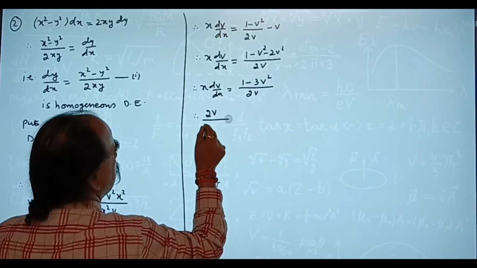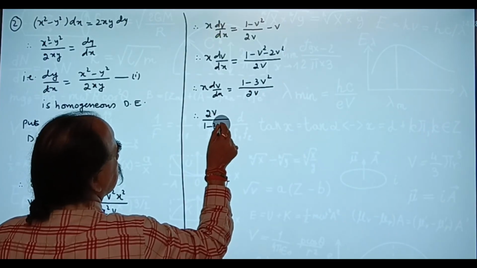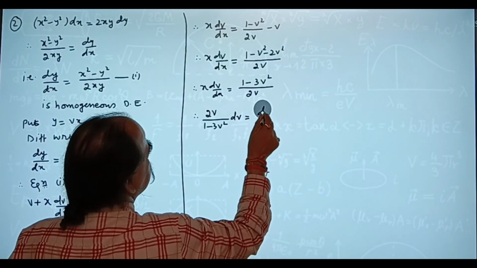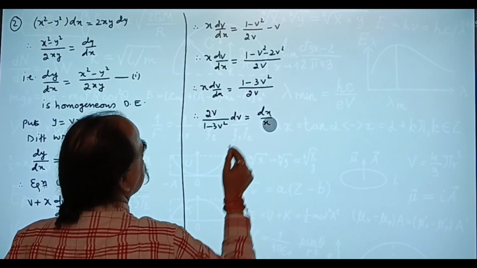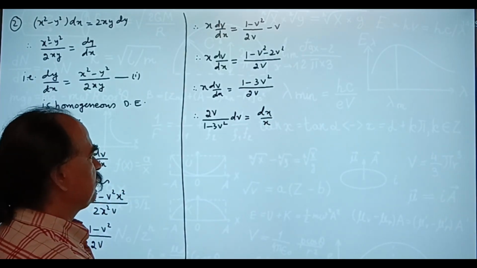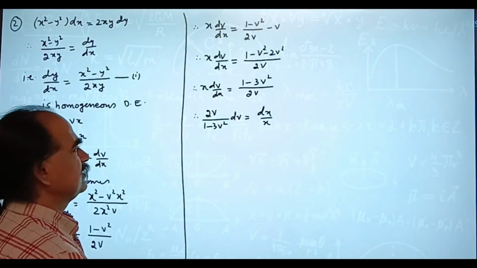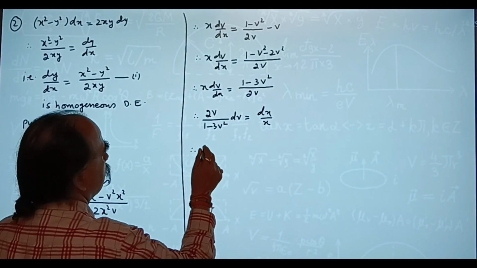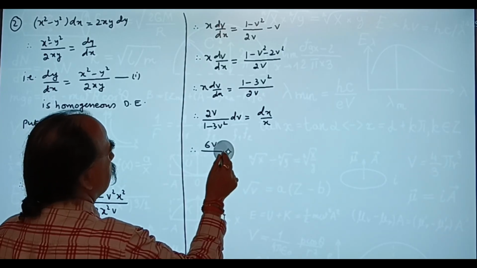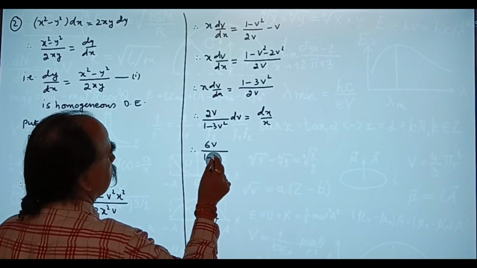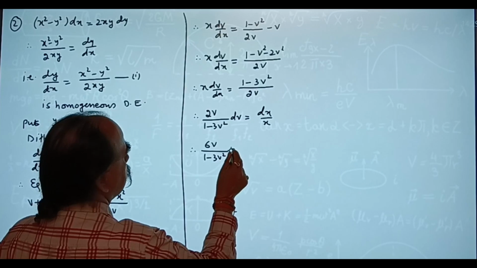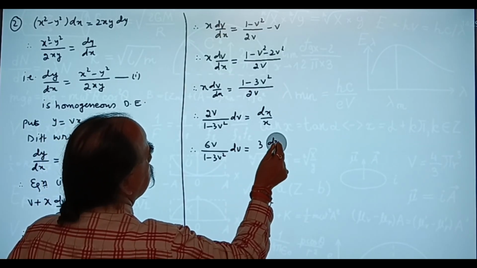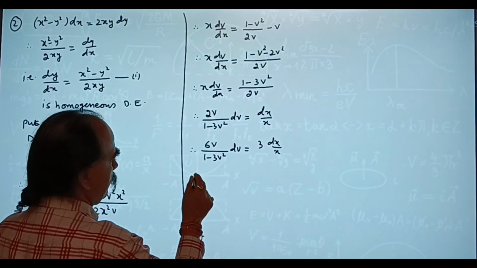So 2v upon 1 minus 3v square dv is equal to dx upon x. We will multiply and divide both sides by 3. So 6v upon 1 minus 3v square dv is equal to 3 dx upon x.